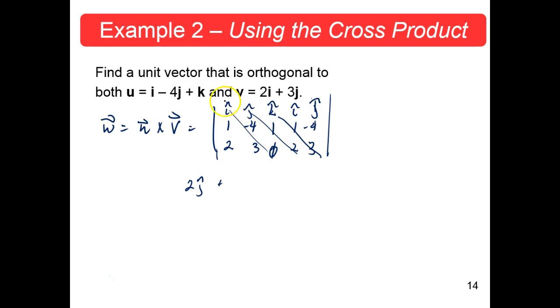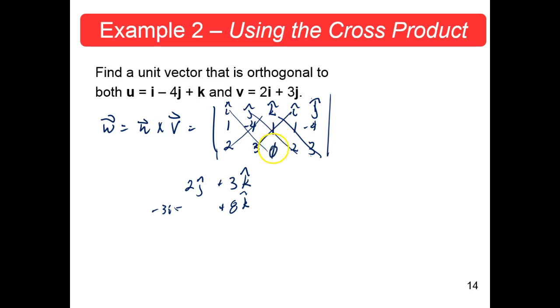We're doing the J part now. Oh yeah, I'm sorry. 0I plus 2J, and I was right, plus 3K, because that's the downward diagonal. Now go with the upper diagonals, and that's going to be a minus 8K, so that's going to be plus 8K. Upper diagonal here will be a minus 3I, so that's minus 3I.